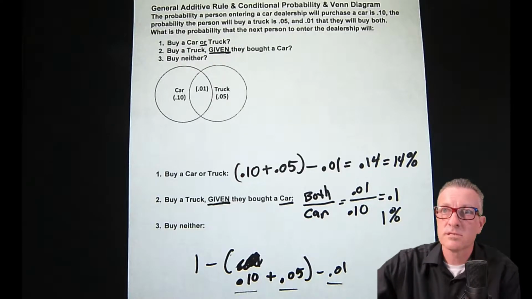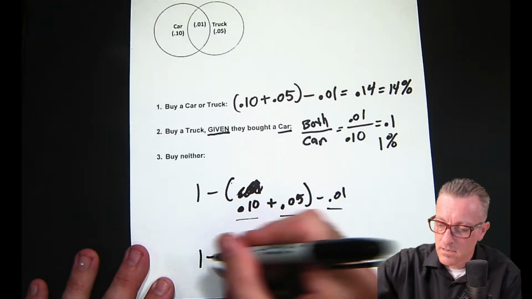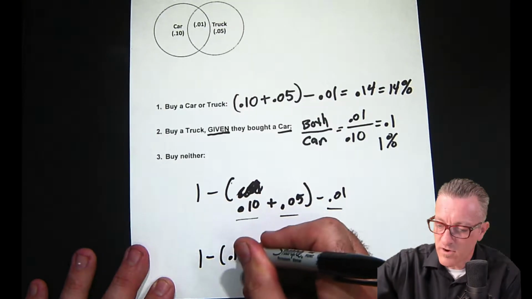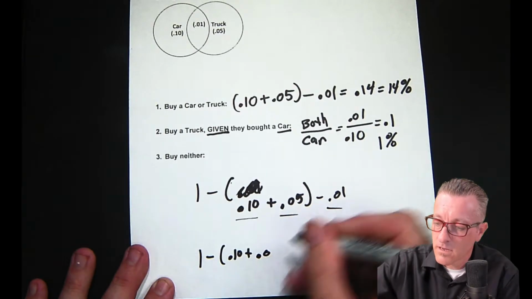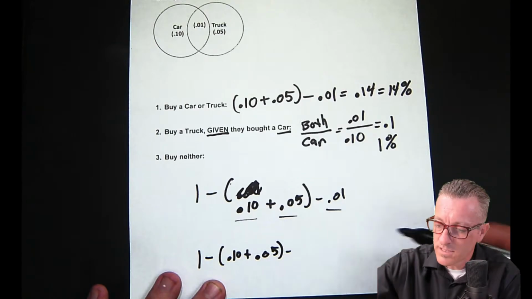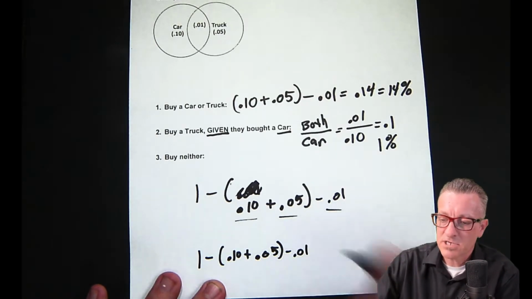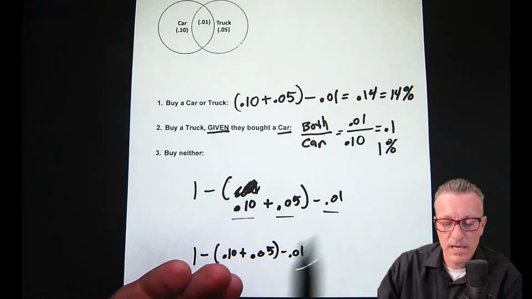I'll rewrite this a little bit better and scoot this up. 1, subtract the car probability plus the truck probability, and then subtract 0.01, because otherwise we're counting the middle twice. We want to count the middle, we just don't want to count it twice.